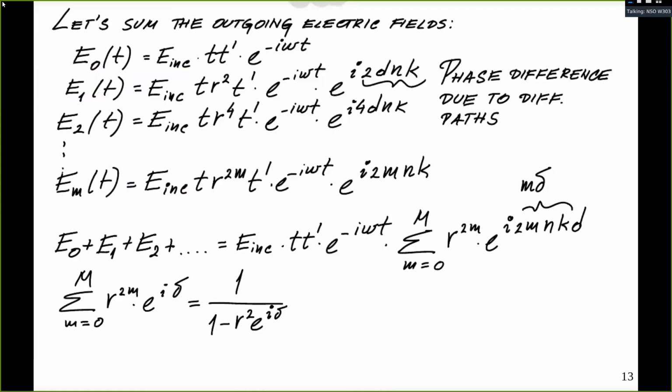Then the second beam has an additional factor of R squared, which comes from two reflections. So these R and T are numbers that are smaller than 1, okay? They have to be.